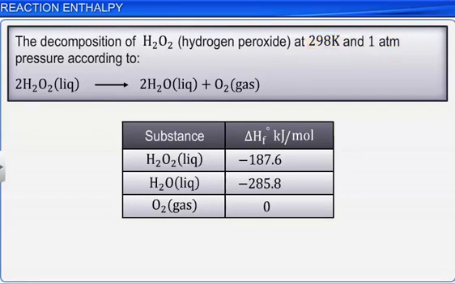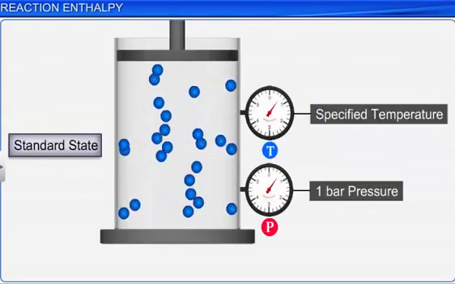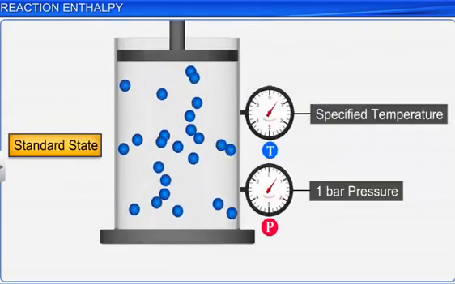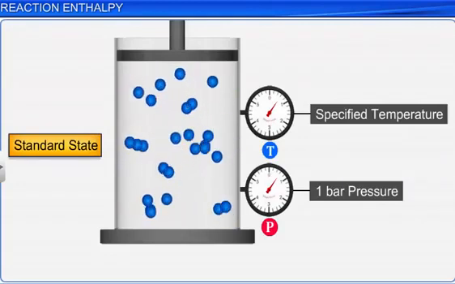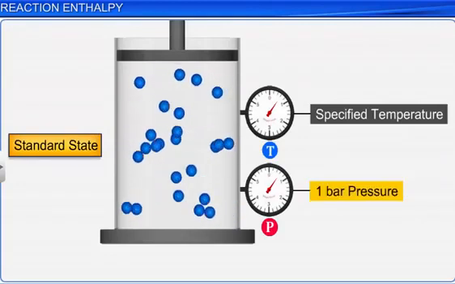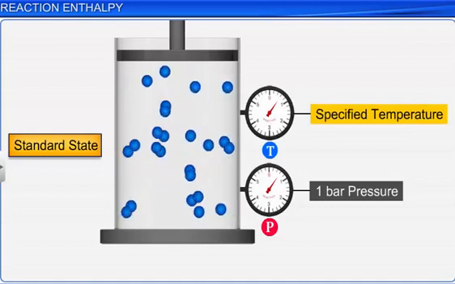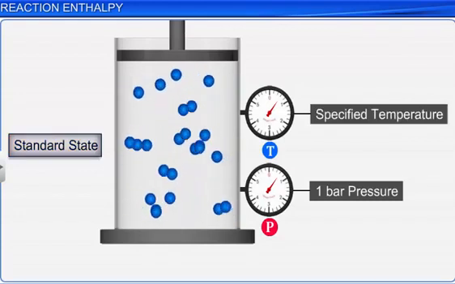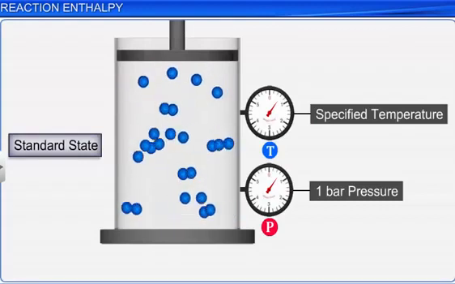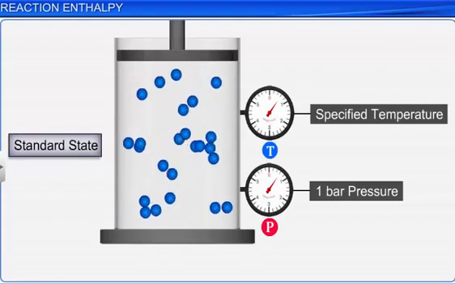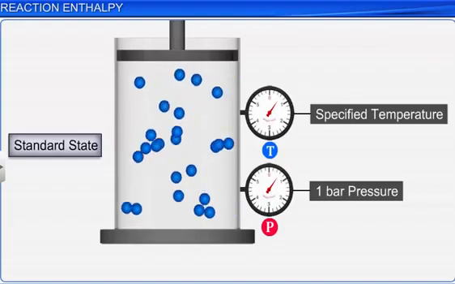A substance is said to be in a standard state when it is present in its most pure state under a pressure of 1 bar at a specified temperature. In other words, when the enthalpy of a reaction occurs at 1 bar pressure and specified temperature, it is called standard enthalpy.